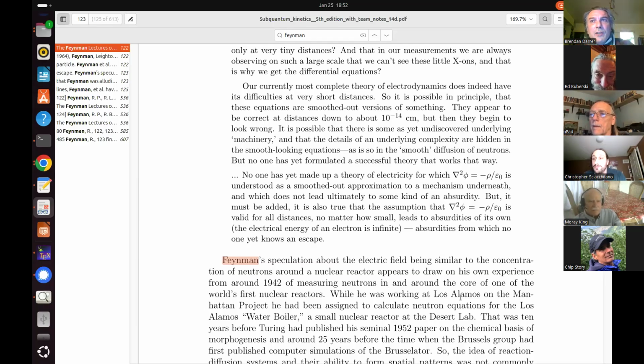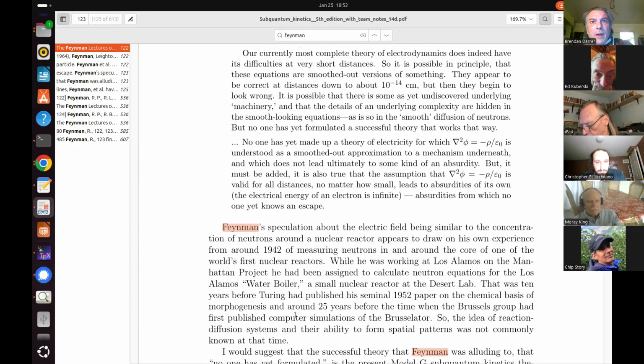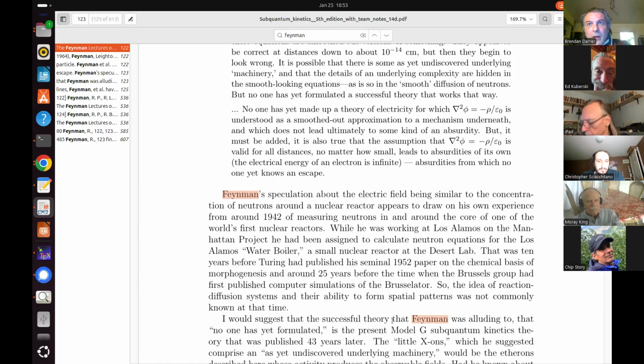While working at Los Alamos on the Manhattan Project, he had been assigned to calculate neutron equations for the Los Alamos water boiler, a small nuclear reactor at the Desert Lab. That was 10 years before Turing published his seminal 1952 paper on the chemical basis of morphogenesis, and around 25 years before the Brussels group first published computer simulations of the Brusselator.